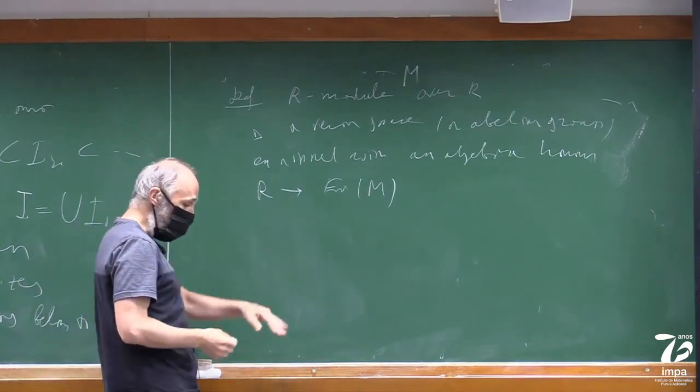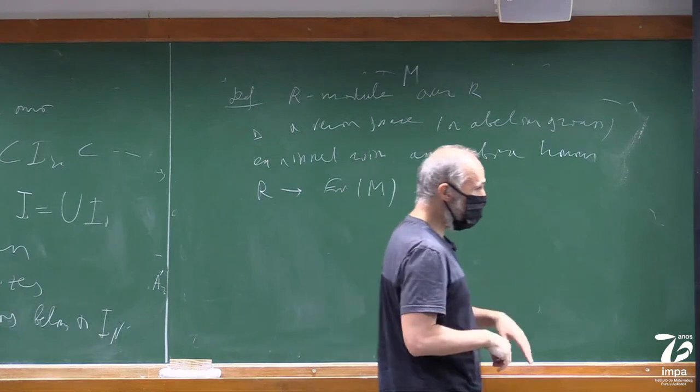You can add vectors and you can multiply them by coefficients which belong to your ring.